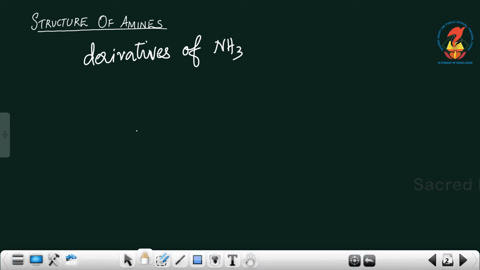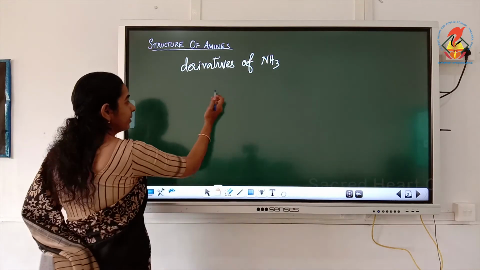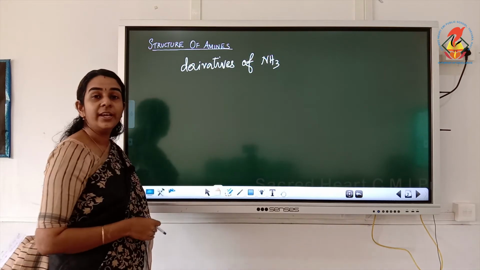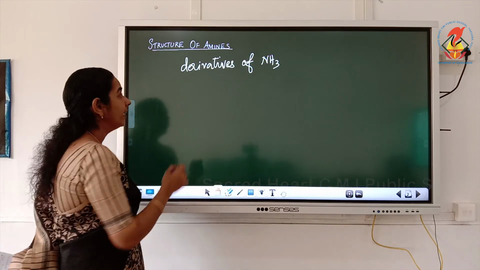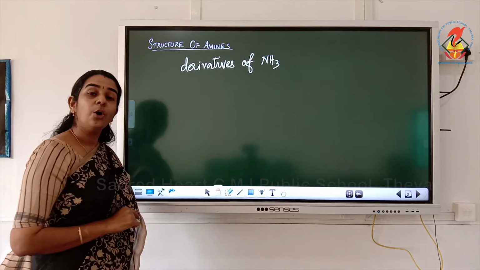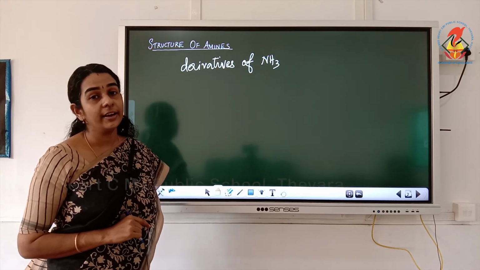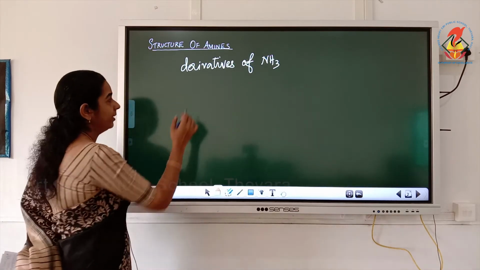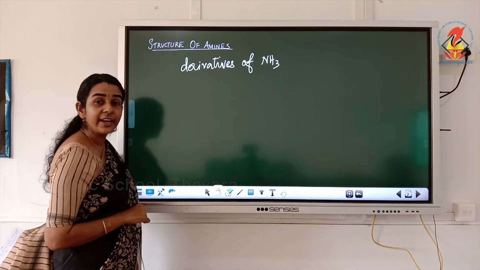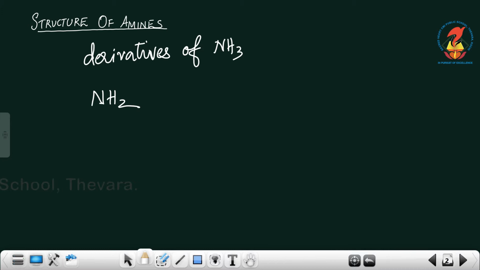How can we consider amines as derivatives of ammonia? Let us see. We know the formula of ammonia is NH3, and if I replace one hydrogen atom of ammonia by an alkyl or aryl group, what will happen? If I replace one hydrogen from NH3, it will become NH2.